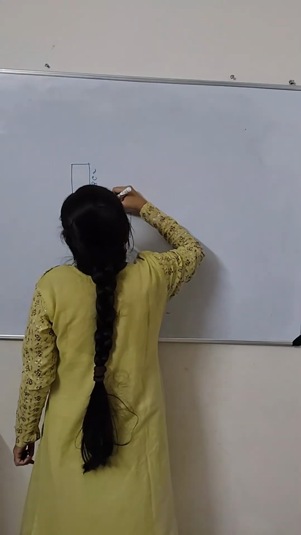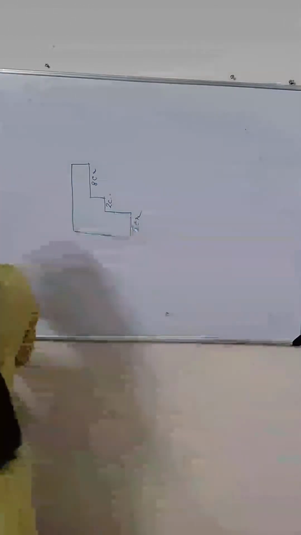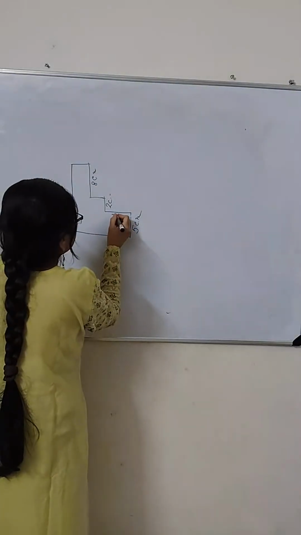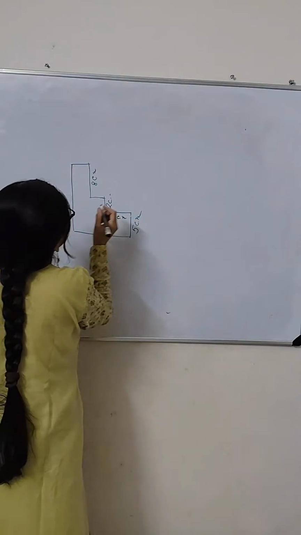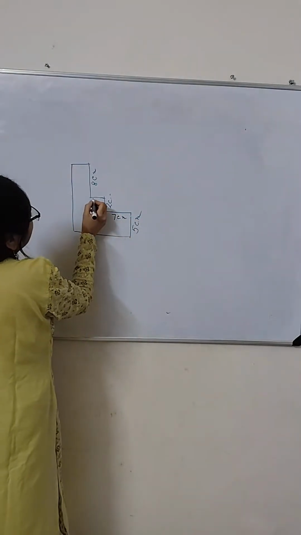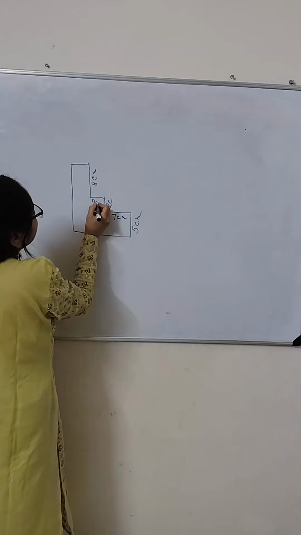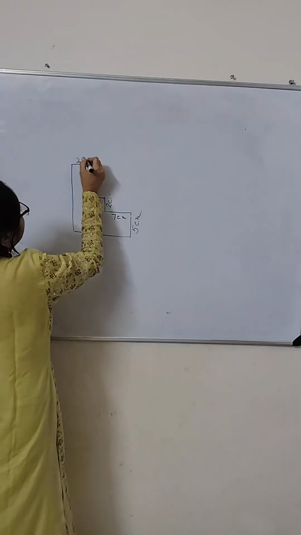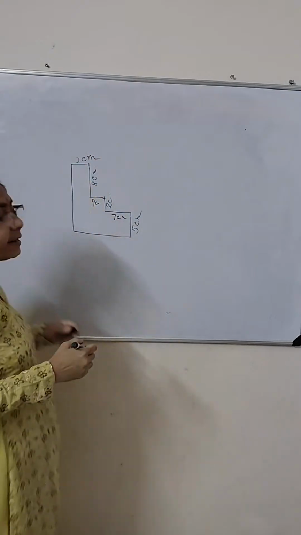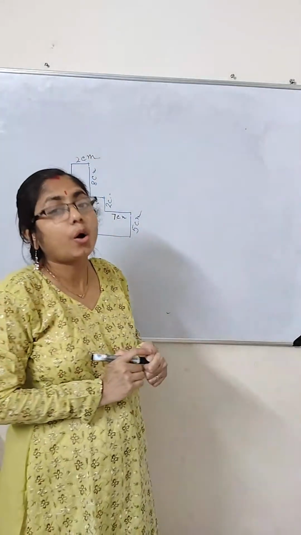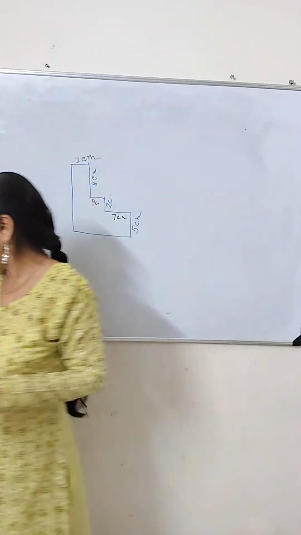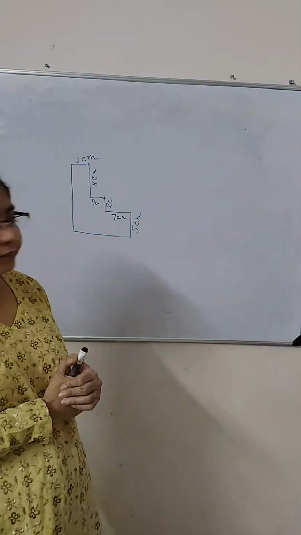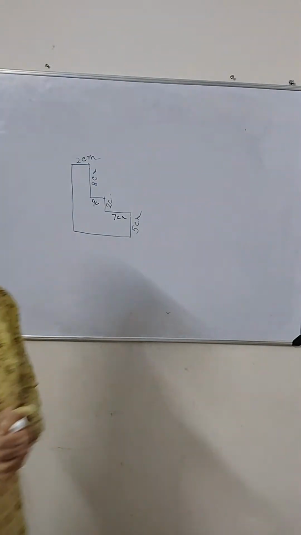I write it in a different way: 7 centimeter, 4 centimeter, and this is 2 centimeter. Find out the perimeter of that shape. Please try first. After 1 minute, I will start.